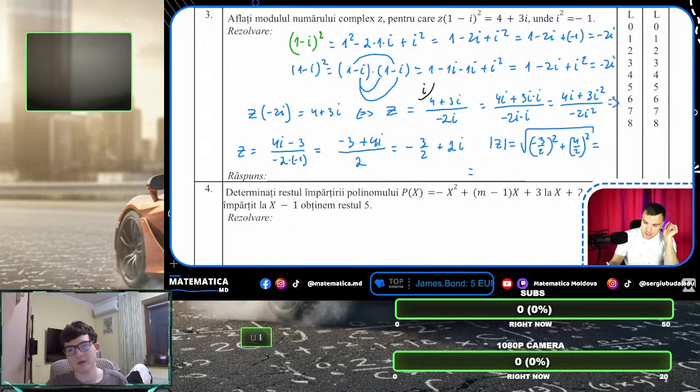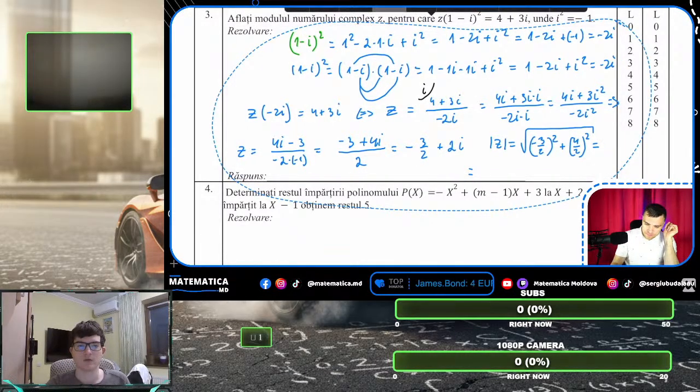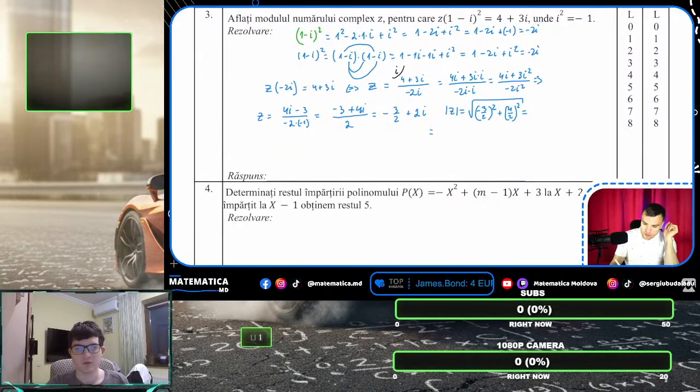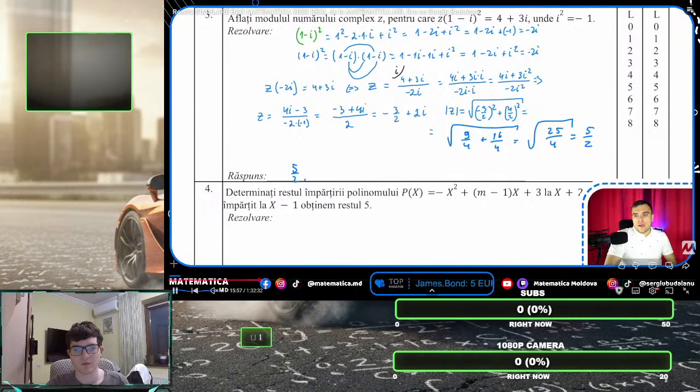With modulus it's done like that. Computers can do this. Why should I know how to do this? So it's gonna be 25 divided by 4, so that's gonna be 5 divided by 2. That's 2.5, but whatever. They like fractions around here.